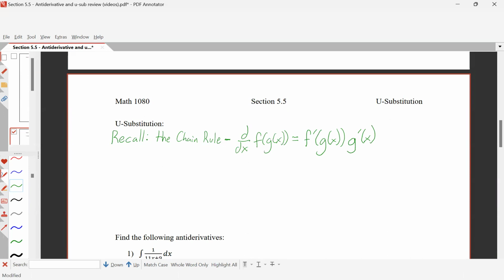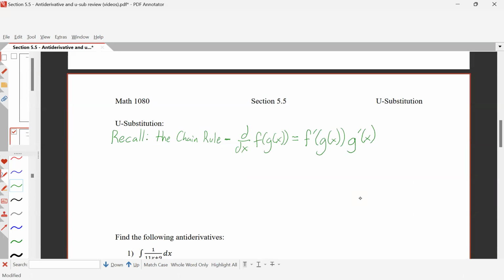What U-substitution strives to undo is take this derivative and go backwards and figure out what was the original function that we would have taken the derivative of to get there.